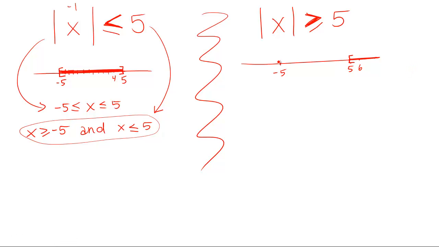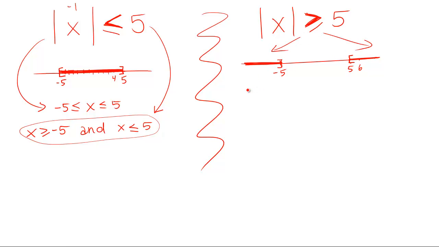In this case, it's equal to because of the endpoint. But then also, we can't forget that we're also having all of the numbers that are less than or equal to negative 5, because, say, for example, negative 6. Negative 6, take the absolute value of that and you get 6. So when it's greater than, we have the outskirts.